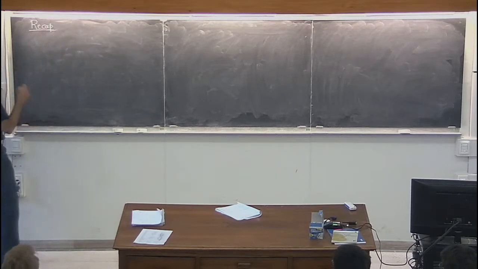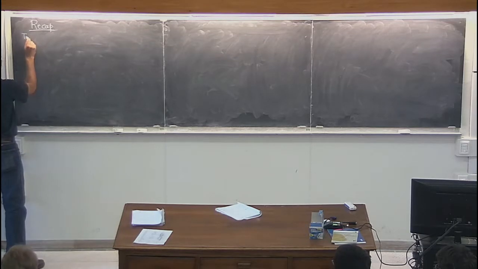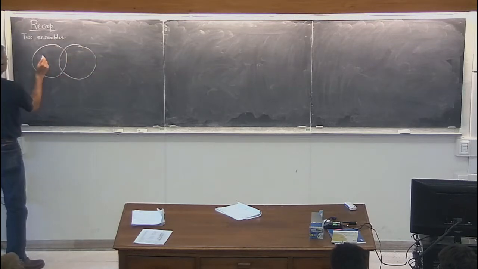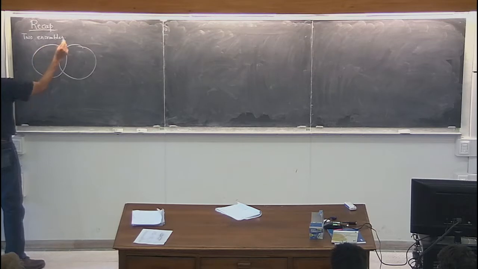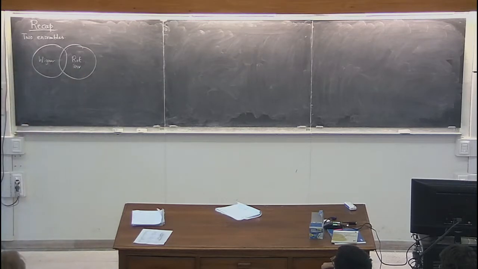So yesterday I introduced these two ensembles of random matrices. Roughly speaking, these are the ones with real eigenvalue spectrum. These are called the Wigner matrices, and this is the rotational invariant probability distribution.